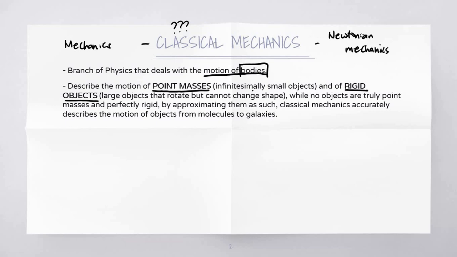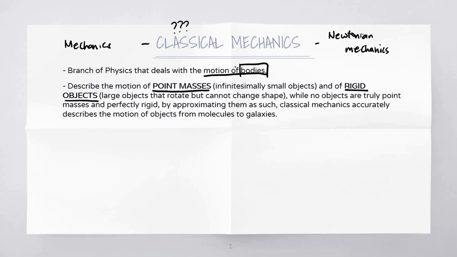Now, a little disclaimer: although there's no such thing as a perfectly rigid object or a truly point mass object, by approximating them as such, classical mechanics can accurately describe the motion of objects from the very small, which are molecules, up to the very large objects in the universe, which are galaxies.